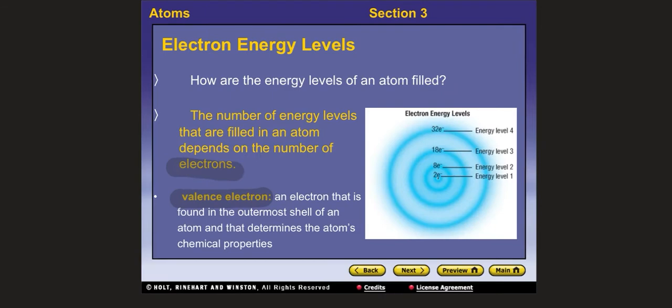The number of energy levels that an atom has depends on the number of electrons in the atom. The valence electron is an electron that is found in the outermost shell of an atom, and that determines the atom's chemical properties. So later on, when we're talking about in the next chapter how atoms bond together, the valence electron is the most important part for that particular factor.